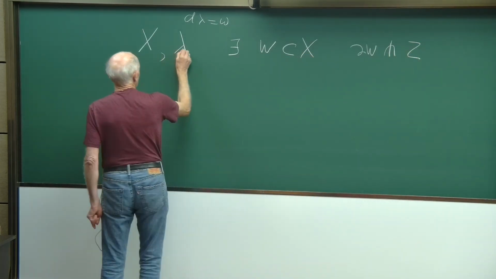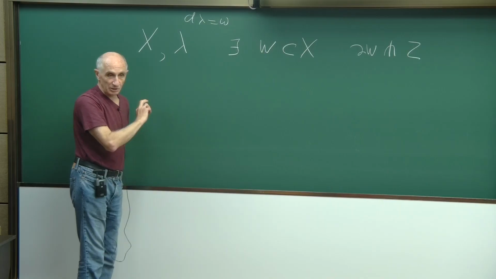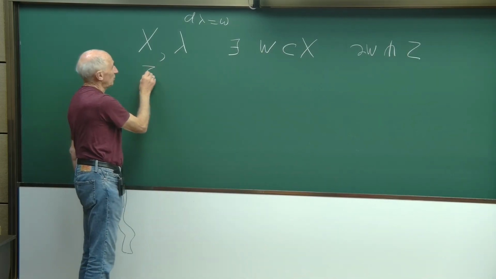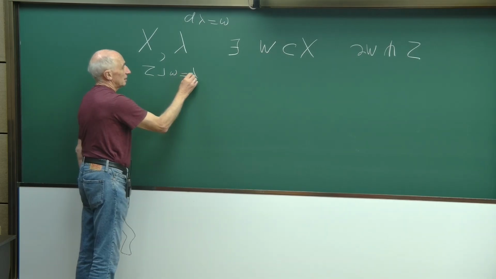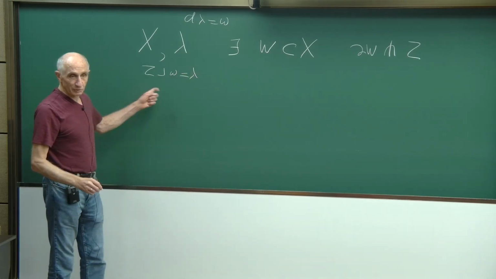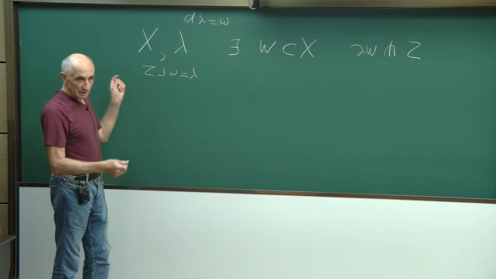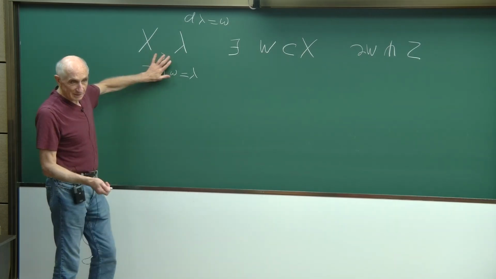I forgot to say, each time when you have such a Liouville form, you can also form the corresponding Liouville vector field dual to this form. So they always come in pairs.